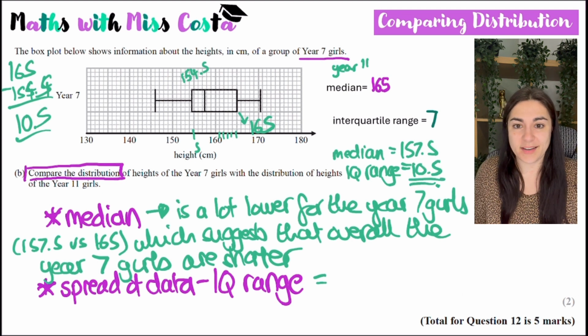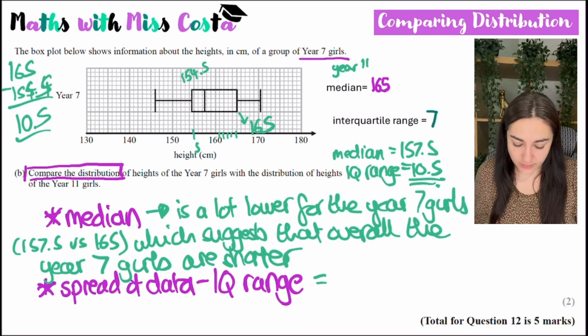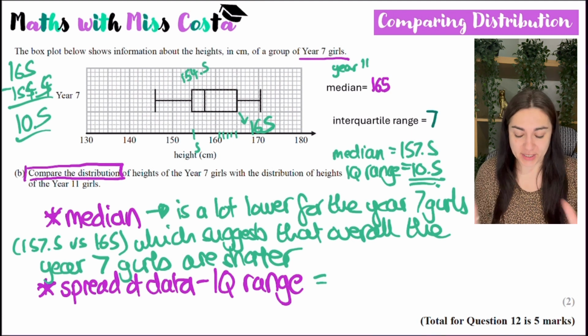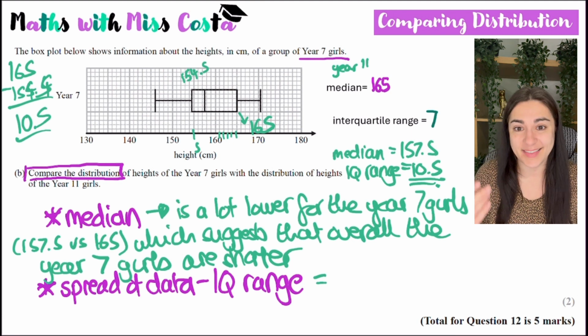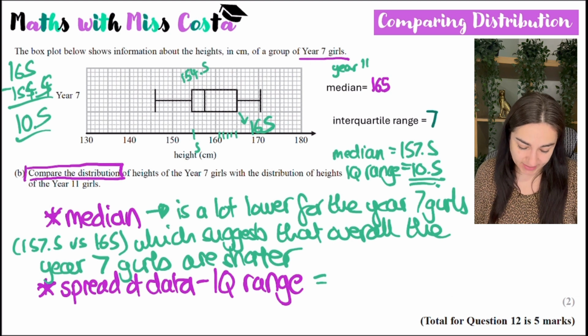So when the interquartile range is larger, that means that the data is more dispersed, which means that there's a greater variety of data, which means it's less consistent. So the greater the spread of data, the less consistent the data is. So who's got the greater range?